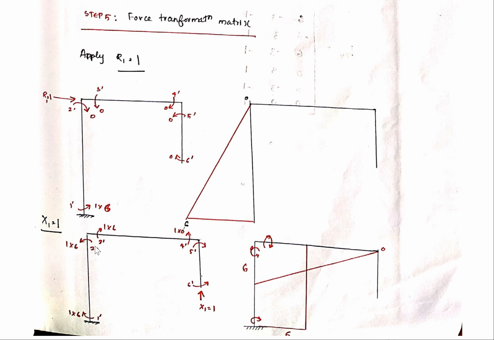The second coordinate will also be 1 into 6, in the anti-clockwise direction, so it is negative. And the first coordinate is also 1 into 6 in the clockwise direction, so positive 6. So 6, minus 6, 6, 0, 0, 0. That is our first column of the Bx matrix.